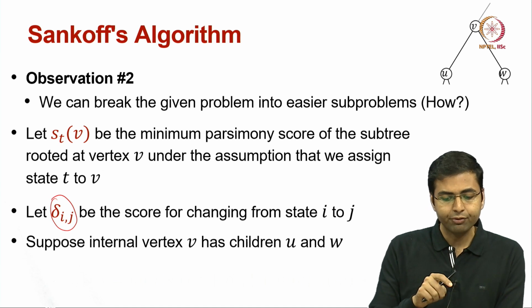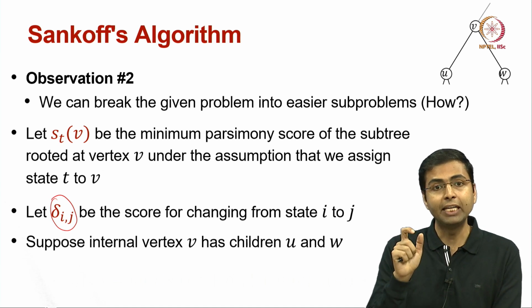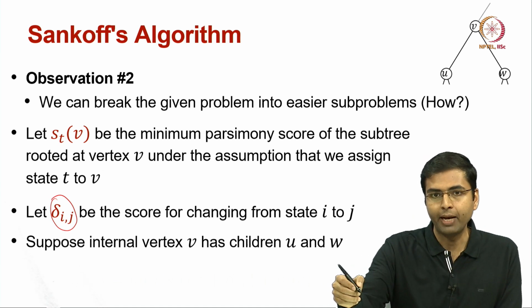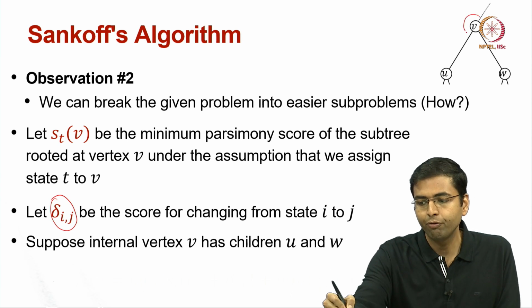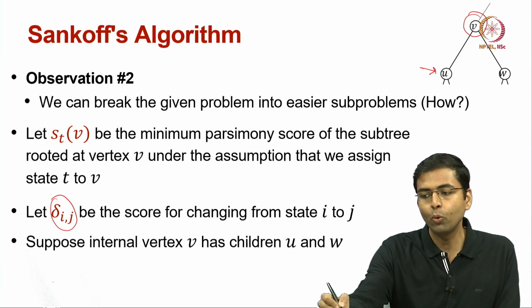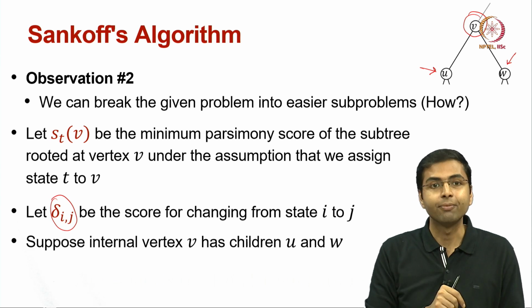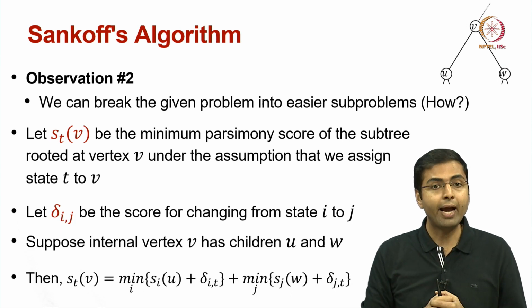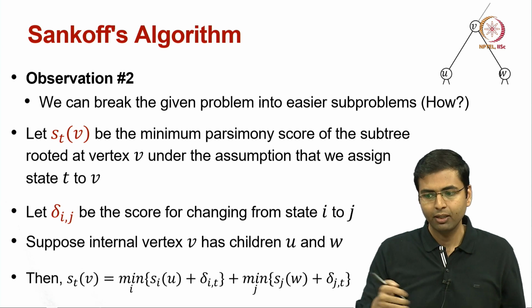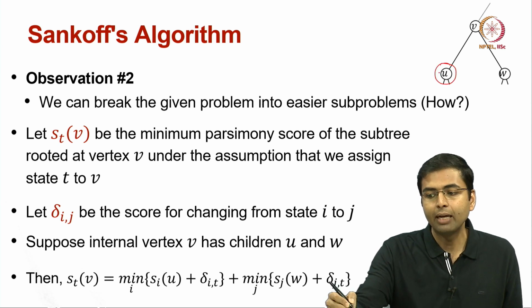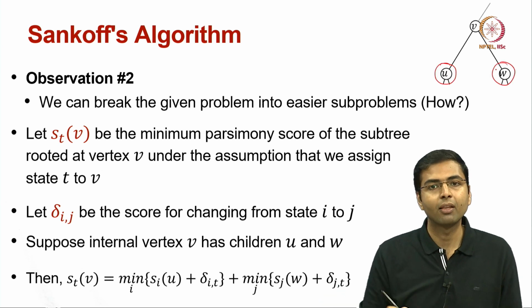Now, observe, suppose internal vertex V has children u and w as shown on the top. So, if vertex V has two children u and w, then observe that we can recursively solve for S_T(V). That is, we can define S_T(V) in terms of the optimal answer of their children.